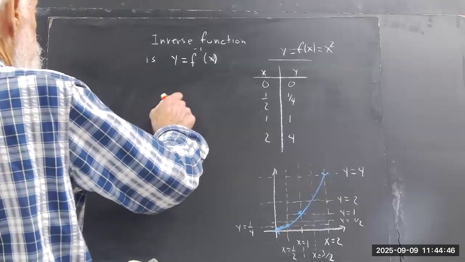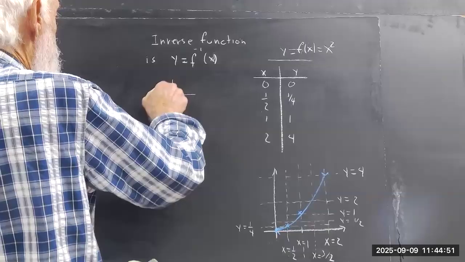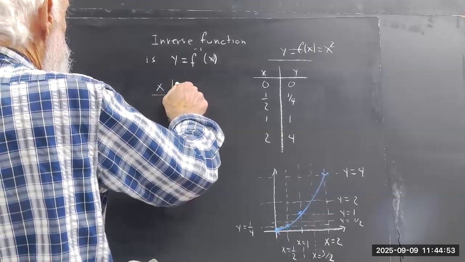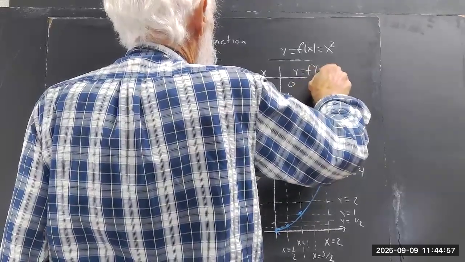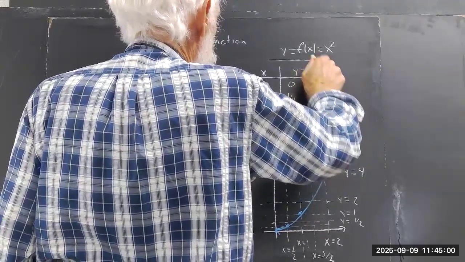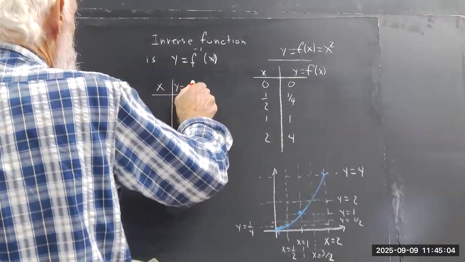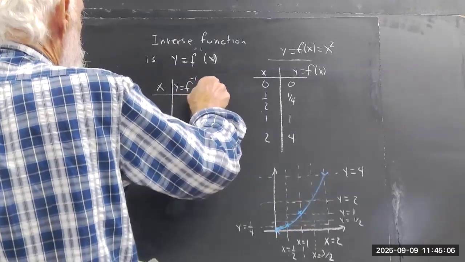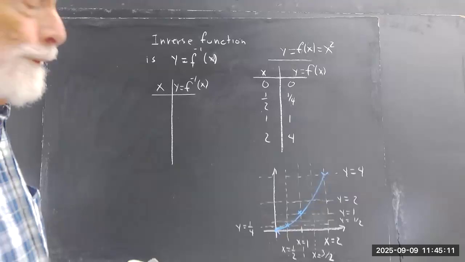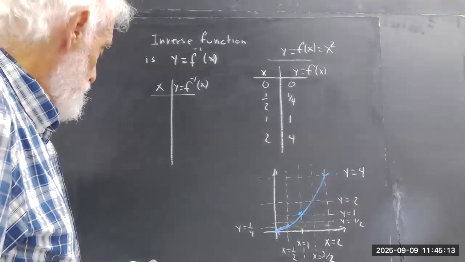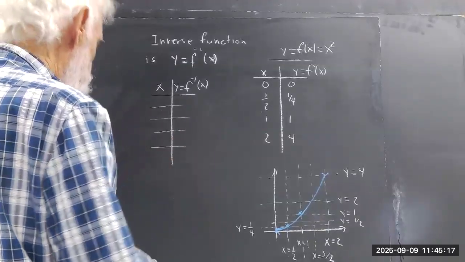Now we want a table. I'm just going to make sure we see the distinction. Here, y equals f of x, which is x squared. Here, y equals f inverse of x. Okay, well, I want you to make the table. I've started it for you. Of course, you need 4 rows.